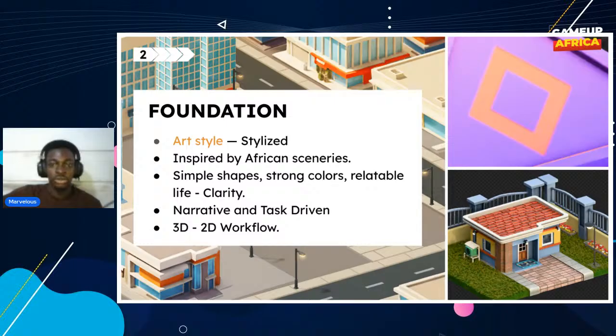We did not want to go for a hyper realistic look because our audience are casual gamers, so we want them to feel interested and engaged by what they see through the colors, through the textures, and through the general shape of our proxies.